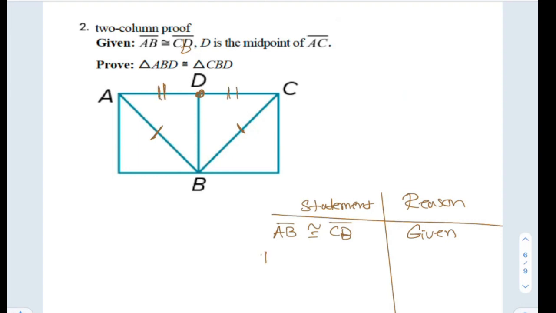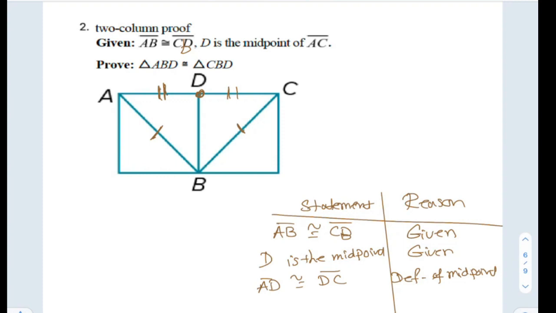So I will write the statement that D is the midpoint, because it's given. And the conclusion is that AD is congruent to DC. This is due to the definition of the midpoint.